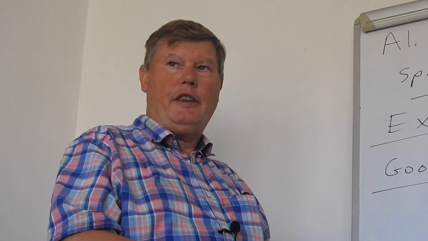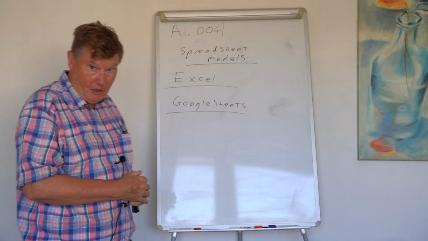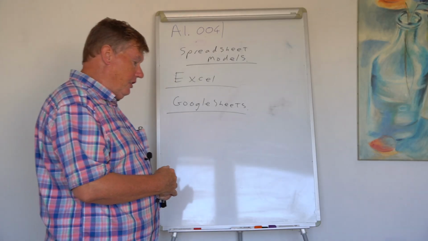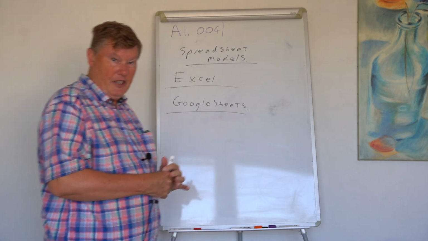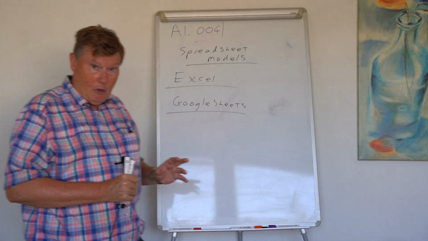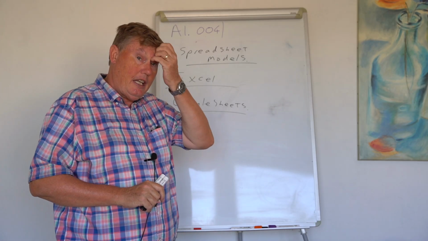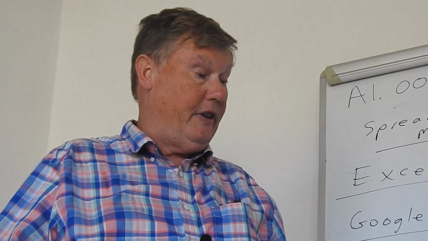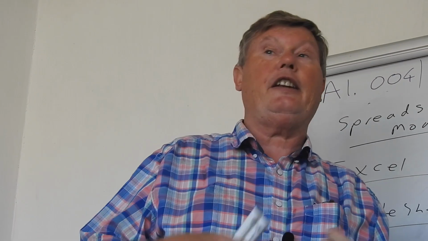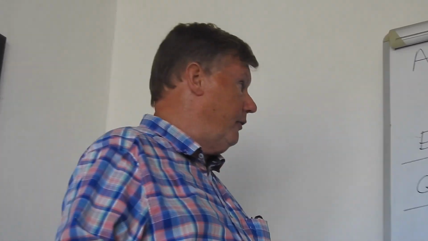Okay, so in the book, there's quite a few pages talking about spreadsheet modelling of distance, time, acceleration, everything really. I like spreadsheet modelling. I think it's really important, and I am going to spend some time in a forthcoming video going through how to set up a spreadsheet model for you.